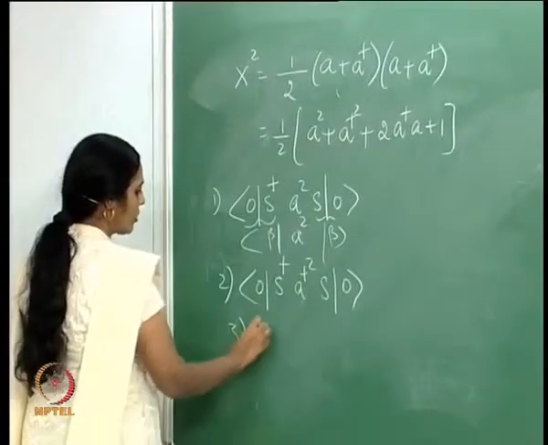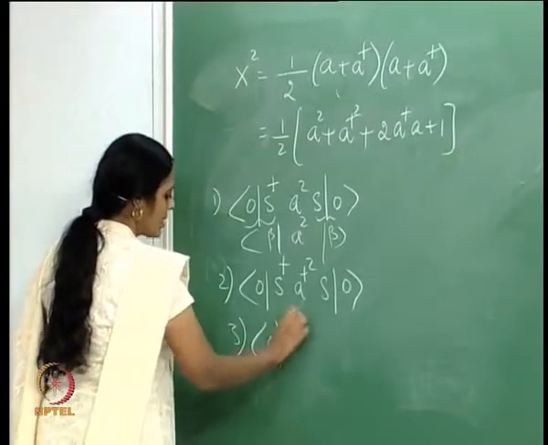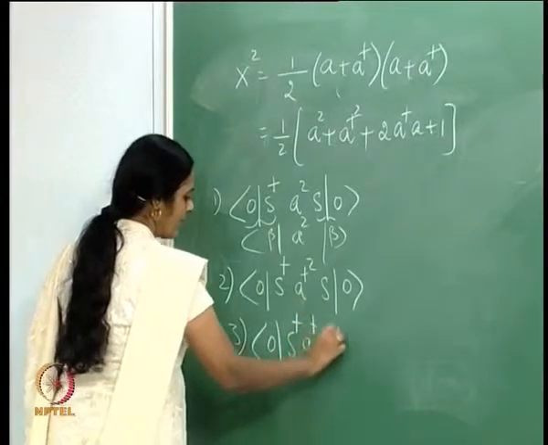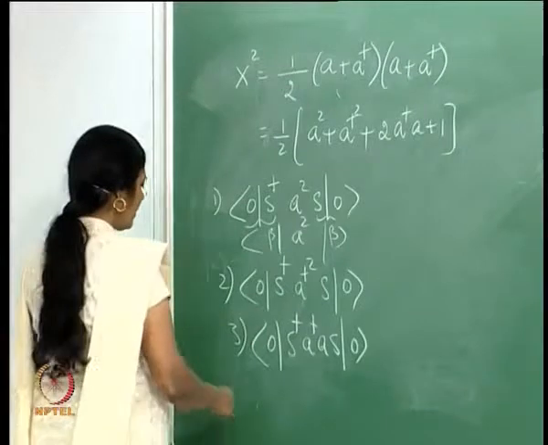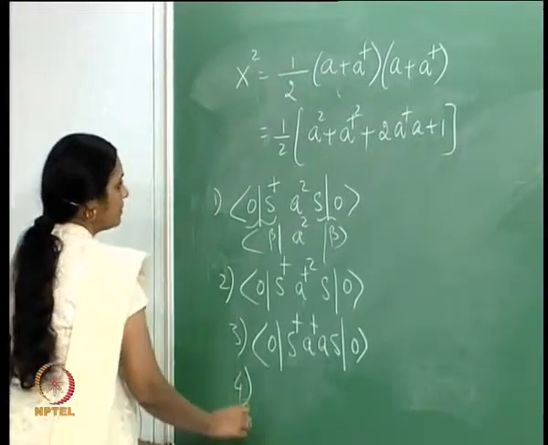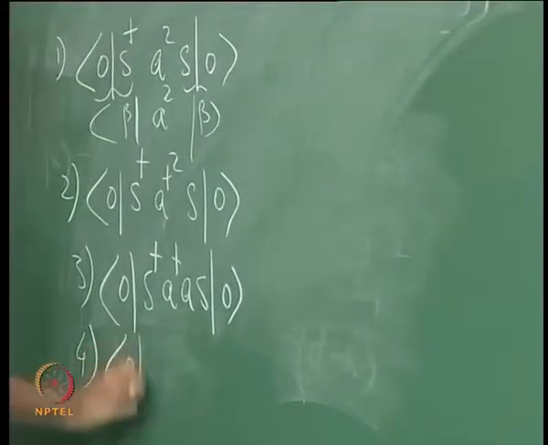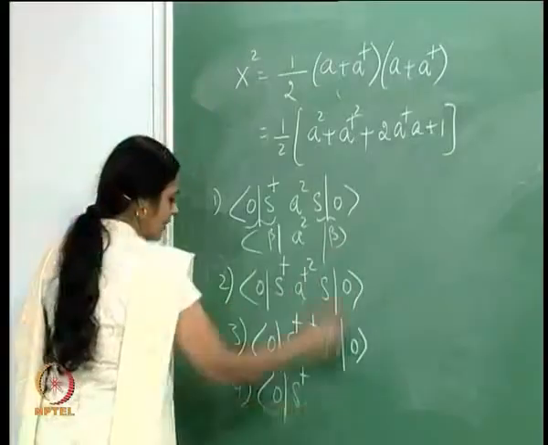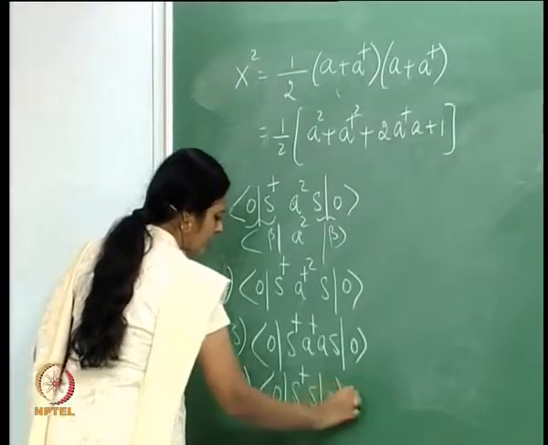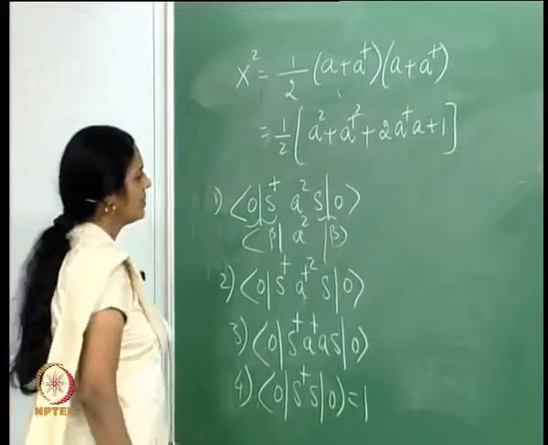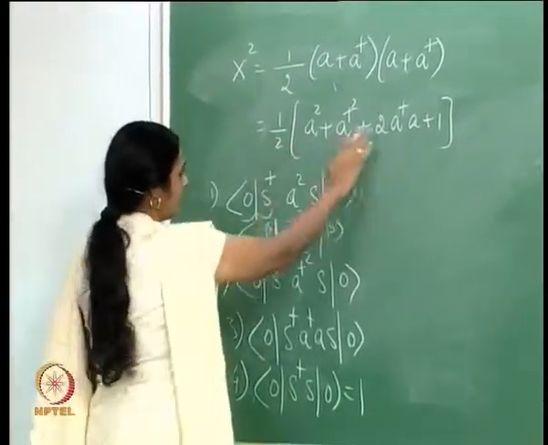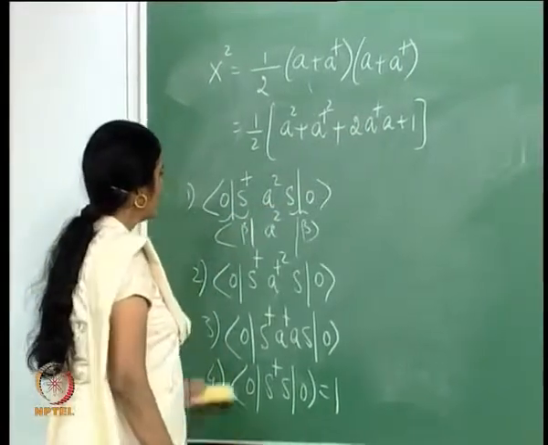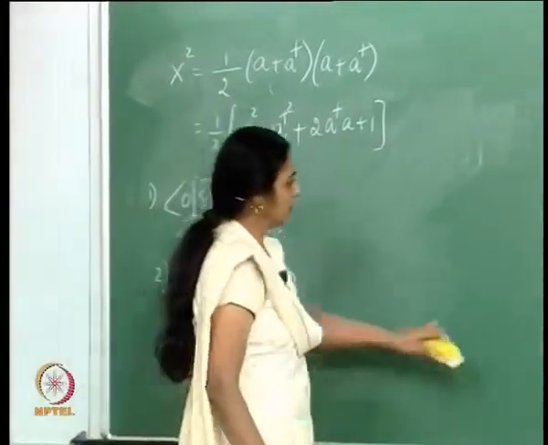The third thing we need to find out is bra 0 S dagger, A dagger A S ket 0. The last term is clear. The last term is simply bra 0 S dagger, the identity operator, S ket 0, and therefore, this is 1. There is an overall factor half multiplying these terms. So, we begin with the first term.